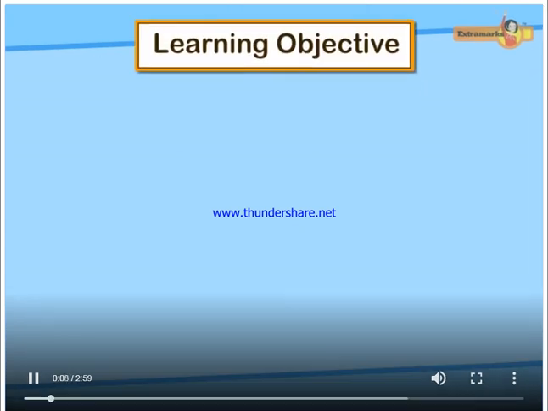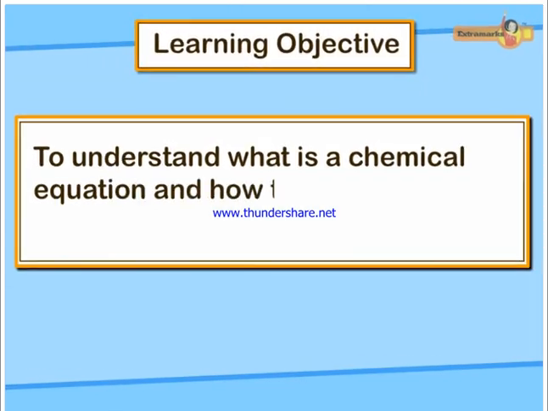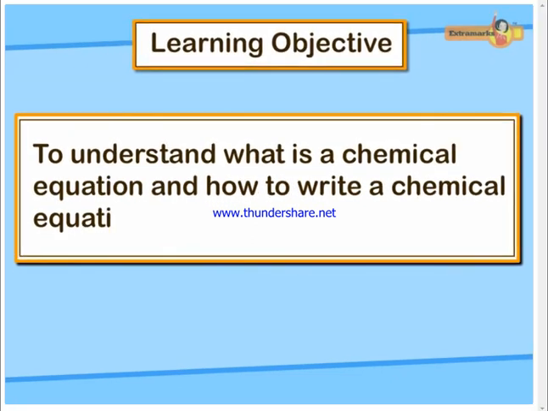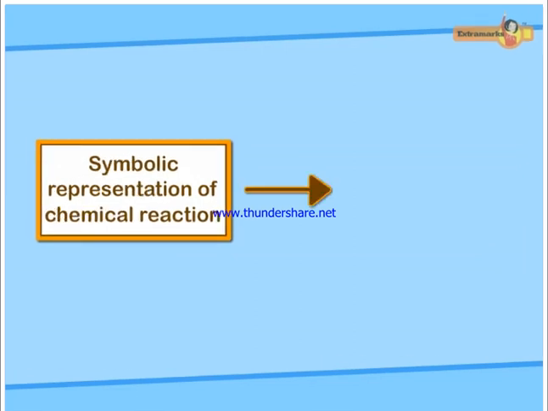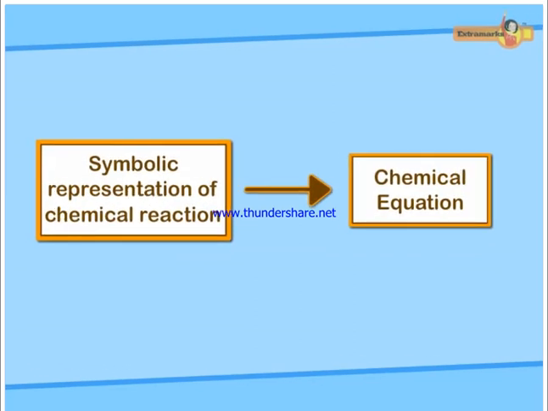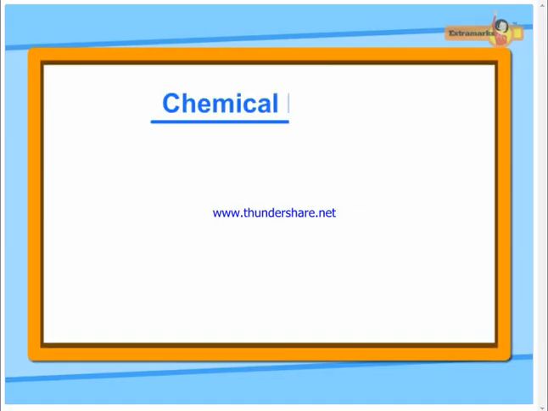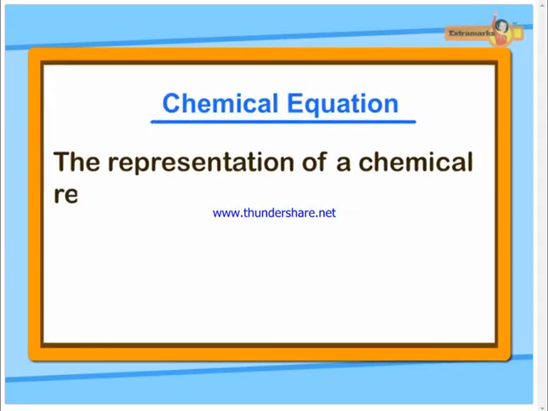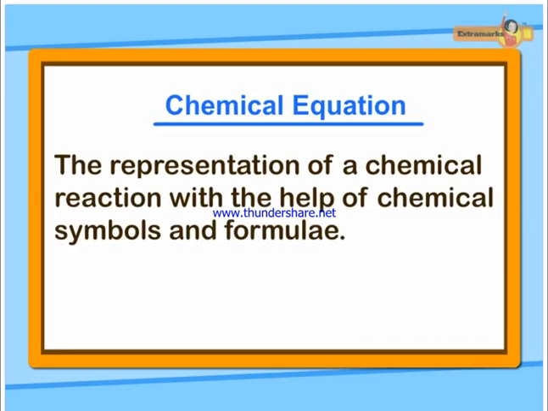This animation will help us to understand what is a chemical equation and how to write a chemical equation. Chemical equation is the symbolic representation of chemical reaction. The representation of a chemical reaction with the help of chemical symbols and formulae of substances involved in it is called chemical equation.